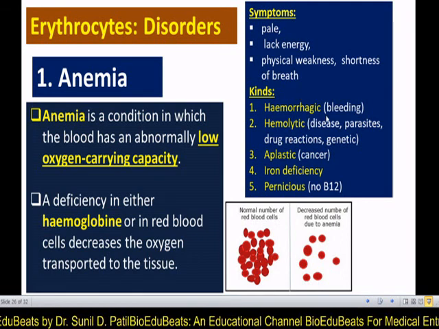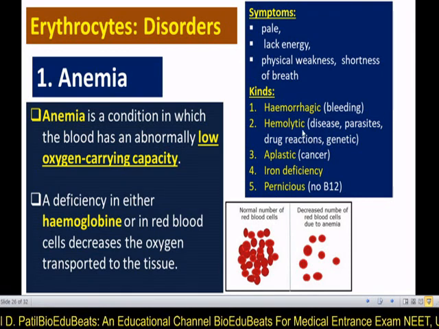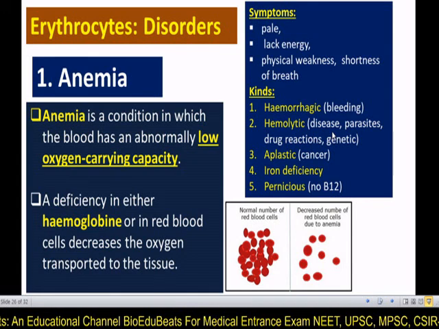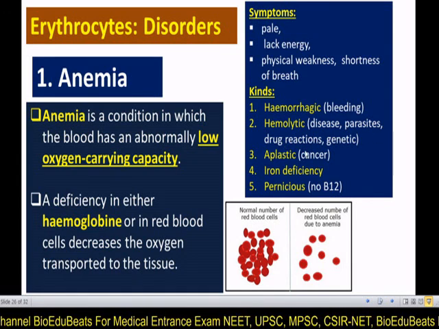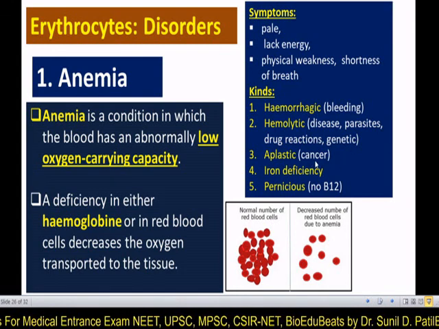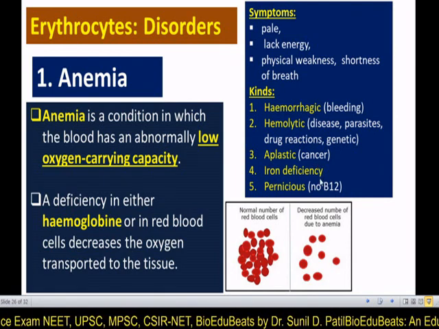Hemorrhagic anemia, when there is blood loss or bleeding. Then hemolytic anemia, hemolysis of the RBCs. It is due to some diseases, parasites, some drug reactions, or it may be genetic. Aplastic or cancerous anemia. Then iron deficiency anemia.